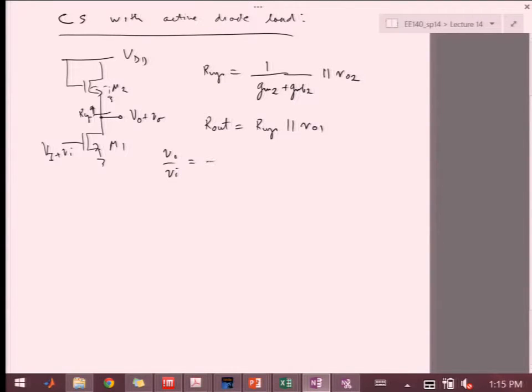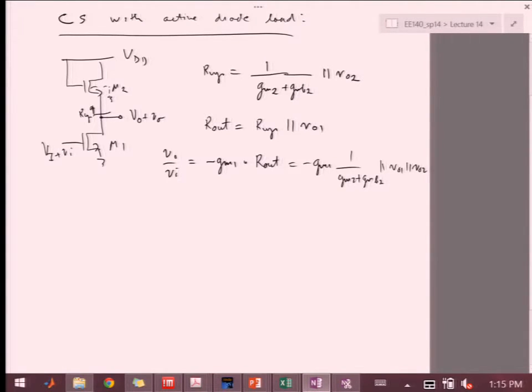Yes, it's negative GM1, for this transistor, and then times the total resistance. So it's minus GM1, and then we write this as 1 over GM2 plus GMB2 in parallel with RO1 in parallel with RO2.